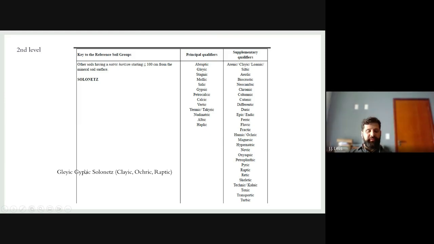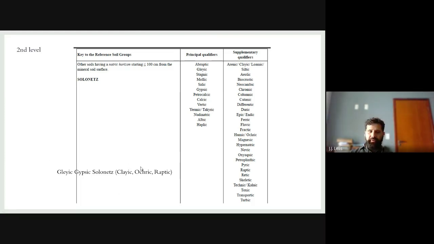So this name tells us a lot about the soil formation, about all the information that we can describe and classify in the soil. Okay, so the name of the soil classification helps us a lot to understand how we describe it and how fragile it is or which land use can be done in this soil.